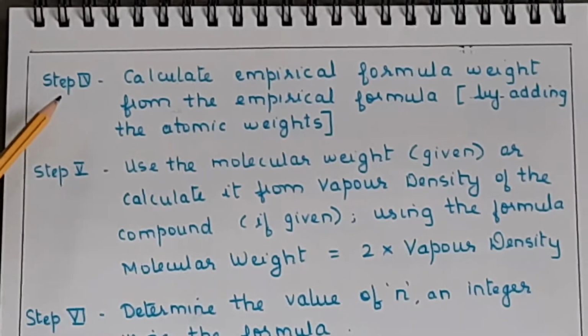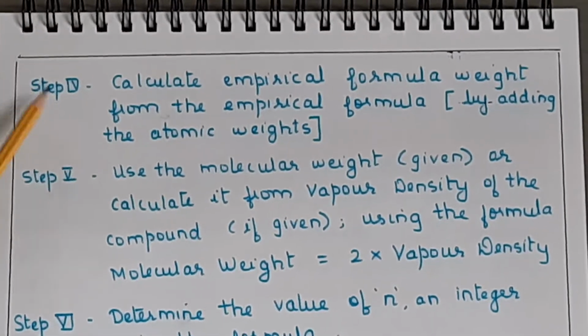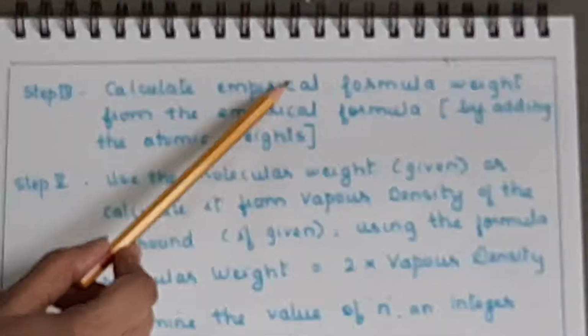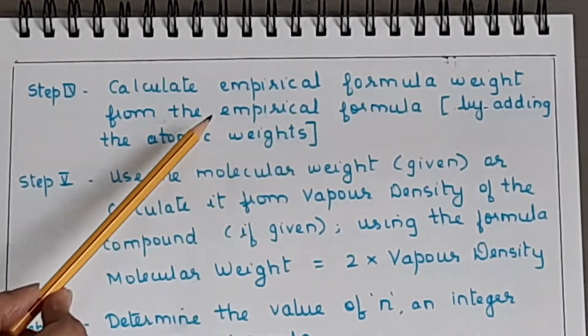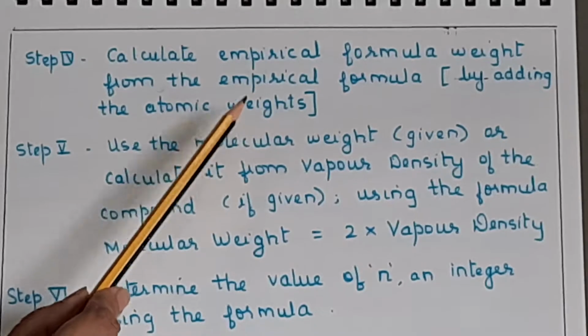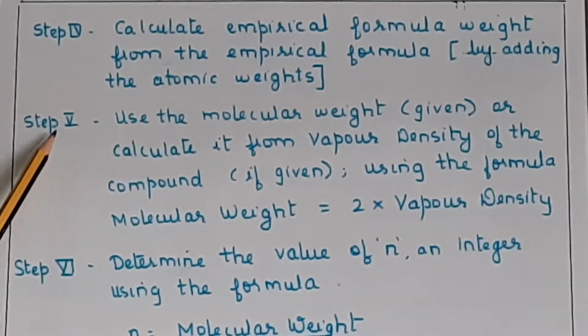So next step, after you find the simplest whole number ratio, you've got the empirical formula, right? So next step, from the empirical formula, you have to calculate the empirical formula weight, yes, by adding the atomic weights. Like how you find molecular weight, same method.